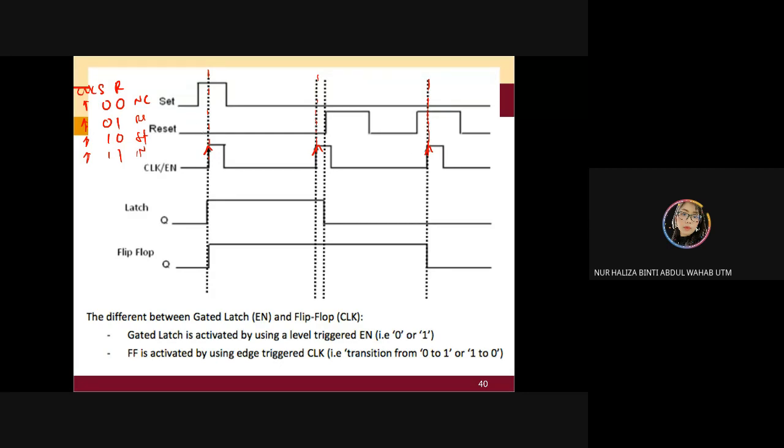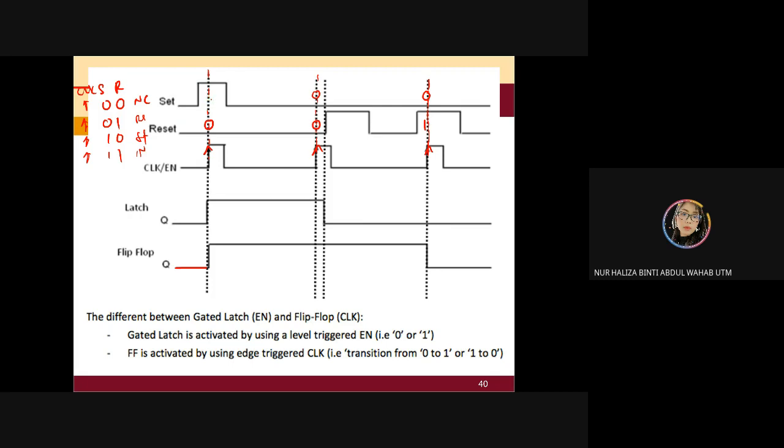I have 3. At this point, my S is 0, my R is 0. I go for next. At this point, I have 0, I have 0 here. At this point, I have 0, I have 1. So what will happen? In the beginning, I have low and 0, 0.